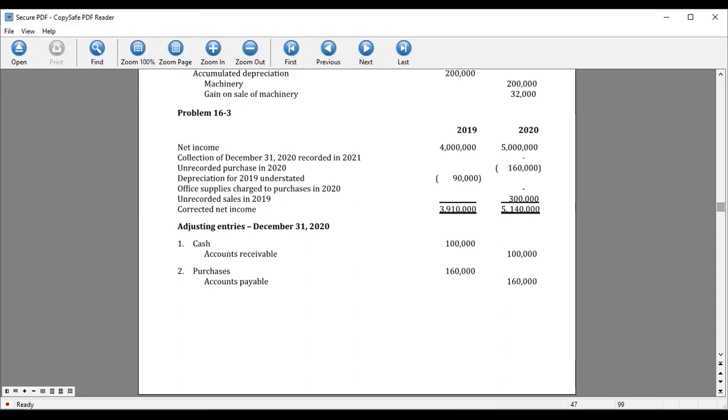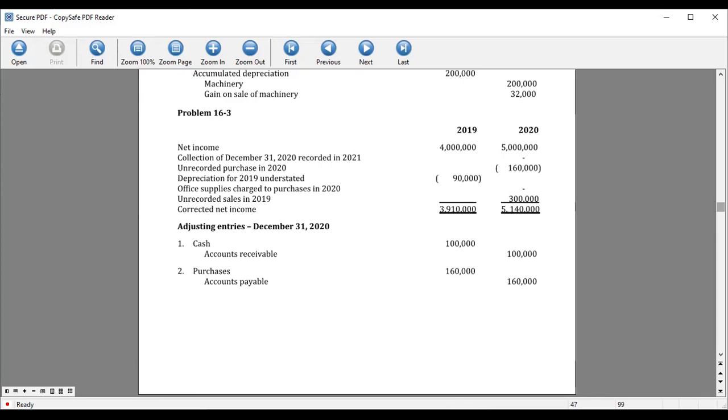Suppliers invoice on account of 160,000 for inventory received in December 2020 was not recorded until January 2021. So this is equivalent to an unrecorded purchase. Supposed to be your entry is to debit purchases and to credit accounts payable. But the entry was made only in January 2021 in the amount of 160,000.